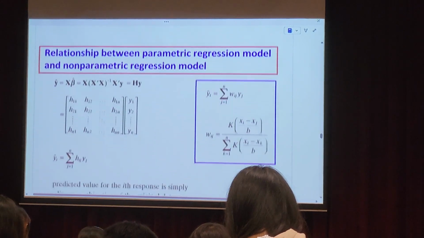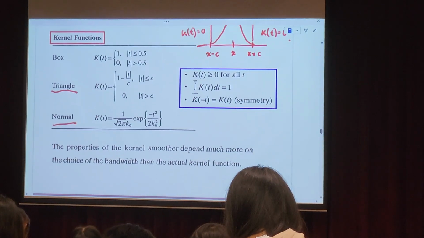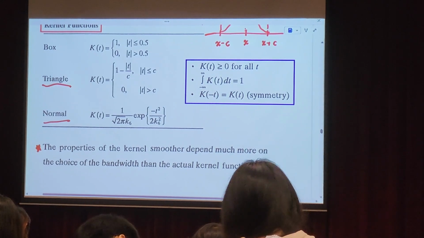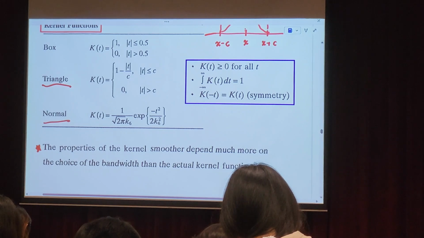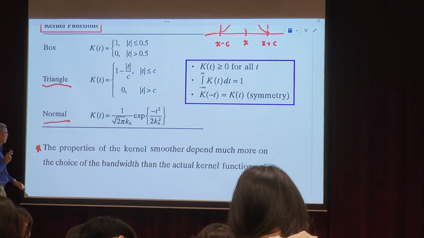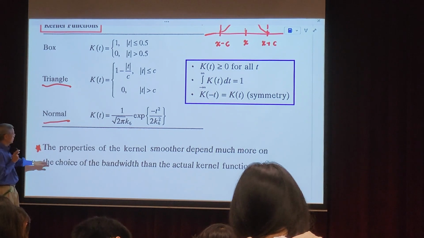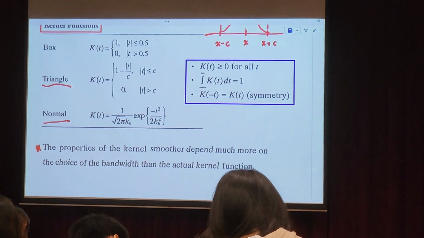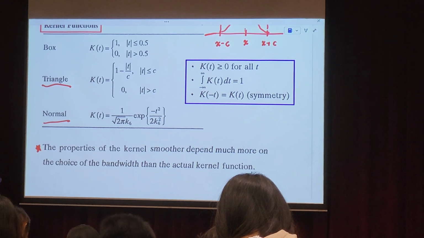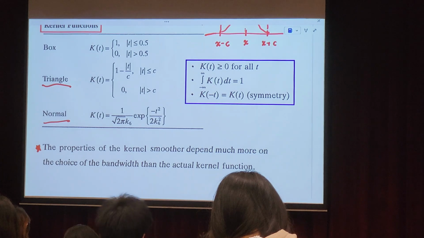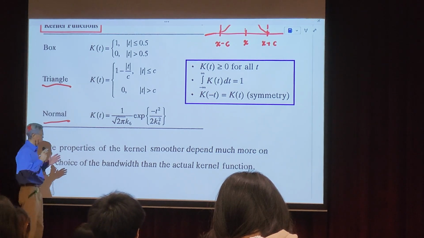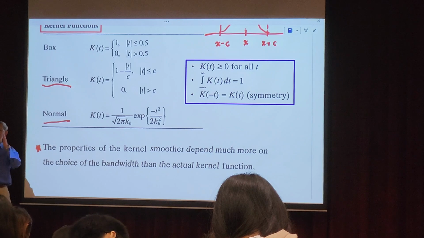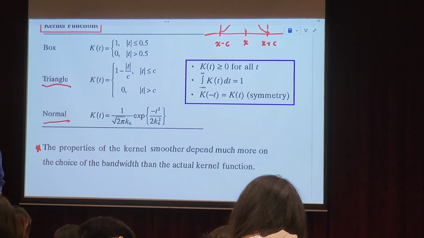So, look at this sentence here. The properties of the kernel smoother depend much more on the choice of the bandwidth than the actual kernel function. What that means is, when you fit a non-parametric regression model, what really counts is the bandwidth, not so much what kernel function you use.